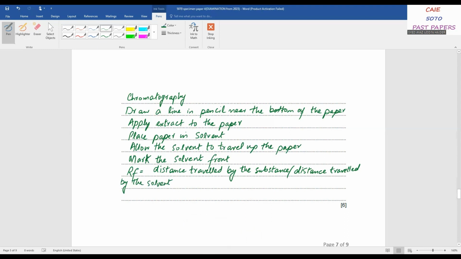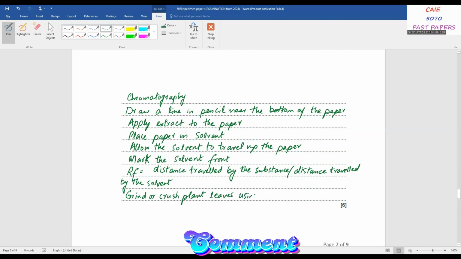Now I will talk about how you will obtain this extract. You can write grind or crush plant leaves. They have mentioned ethanol and sand in the question. So you write using mortar and pestle with ethanol and sand.